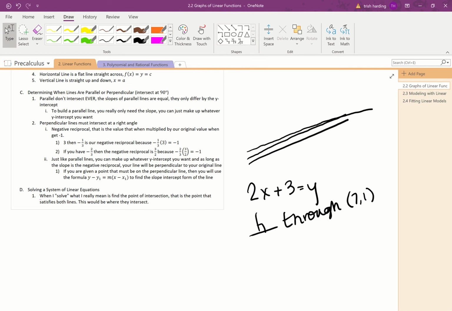So when we solve a system of equations, there's going to be two. We will get eventually to three, but at this point, we're just going to be having two.